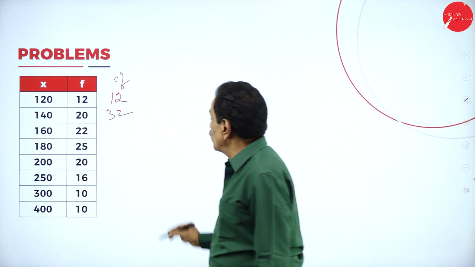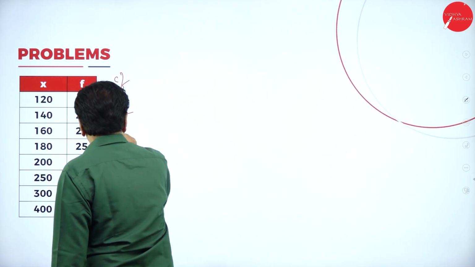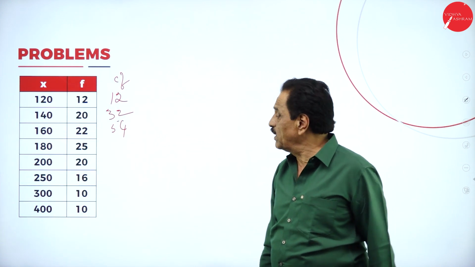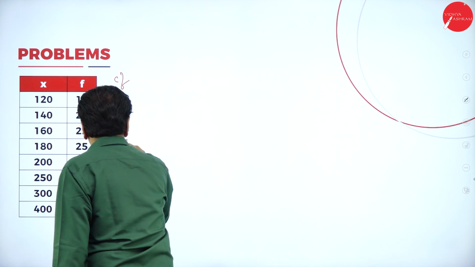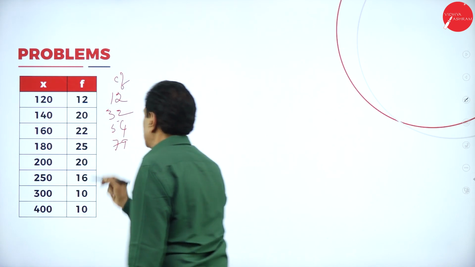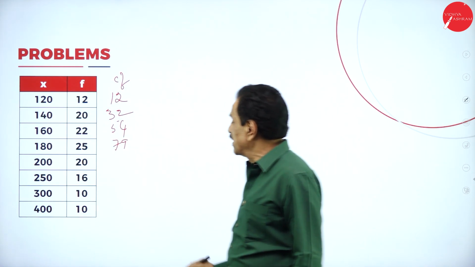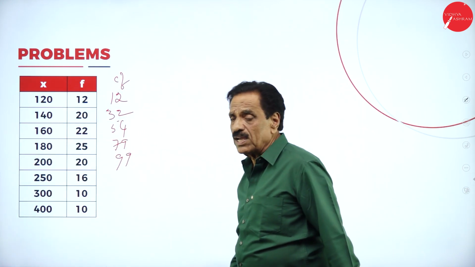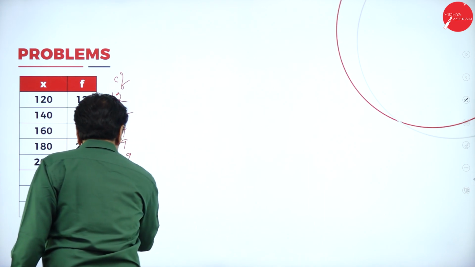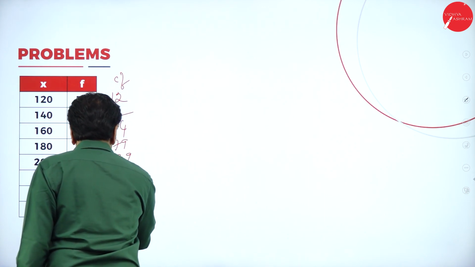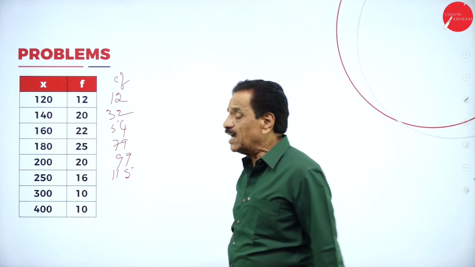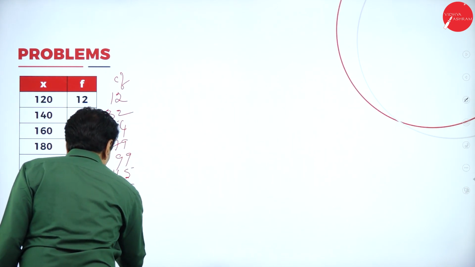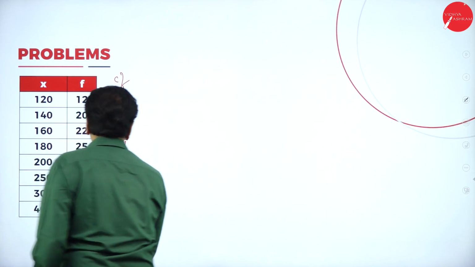Add 22, 2 plus 2 is 4, 3 plus 2 is 5, 54. Add 25, 4 plus 5 is 9, 5 plus 2 is 7, 79. Add 20, 99. Add 16, 115. Then add 10, this is 125, then 135.